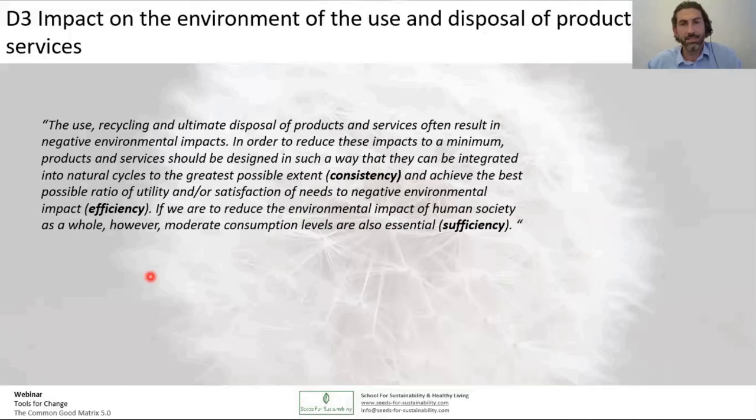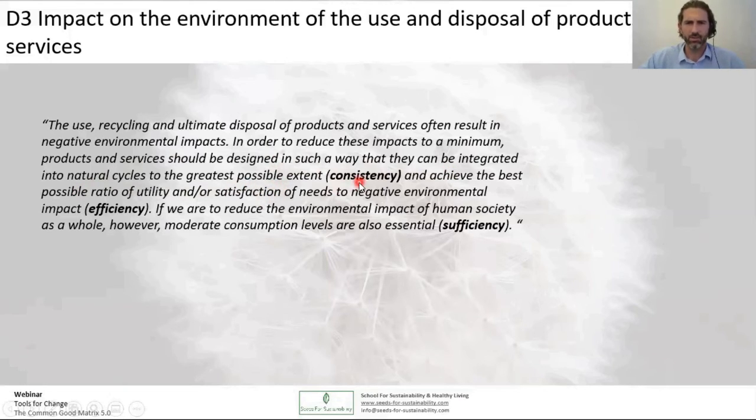And as I mentioned, in this specific indicator, we're looking at the use, recycling, and ultimate disposal of products and services that often result in negative environmental impacts. In order to reduce these impacts to a minimum, products and services should be designed, so it starts with the design process actually, in such a way that they can be integrated into natural cycles to the greatest possible extent.